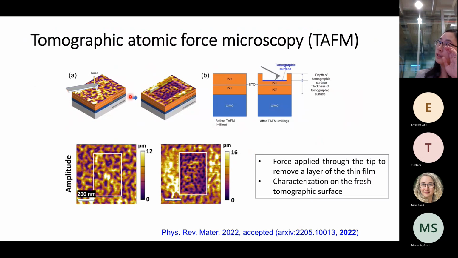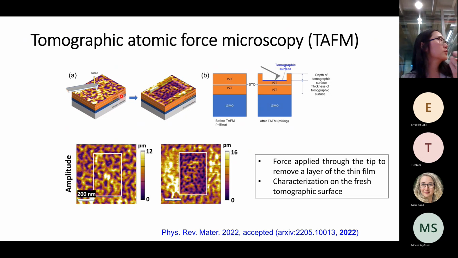Experimentally, I am trying to show the evidence of this simulation work. I use a technique I mentioned before, called tomographic atomic force microscopy. Here we use a scanning probe with a very hard coating at the tip, and the one I use has a diamond coating. With the diamond coating, when scanning the surface by changing the deflection of the tip, it can actually remove the surface of these materials.